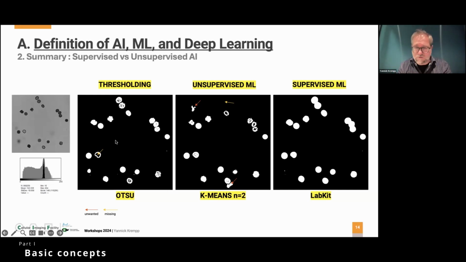So in this case, just two. You can see that the k-means model is perhaps less efficient than something that has been trained, like a pixel classifier in LabKit in this example. But they still have their use in some other fields that are adjacent to image analysis.